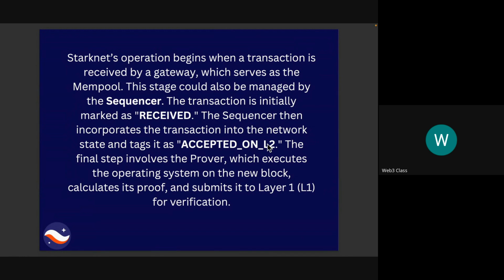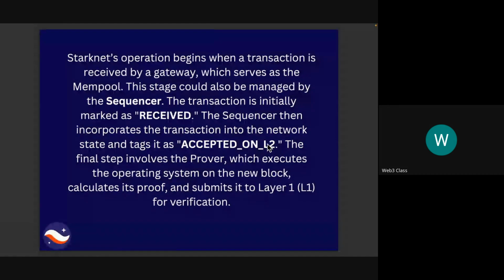That is the entire life cycle of the transaction. It moves to the mempool, then gets added to the block by the sequencer, and then gets sent to the shard prover that proves the transaction.